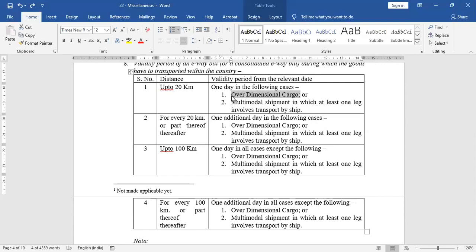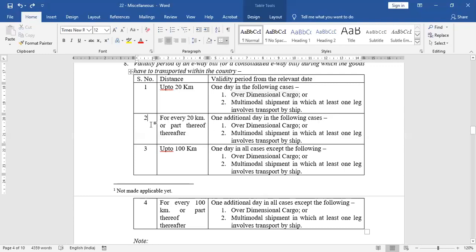Those move at slow speed. When Delhi metro coaches come to Delhi from any port, they move at very slow speed, having 64 or 70 tires in that truck, which are required to move one coach. So these are over dimensional cargo where the speed is very less. So if an e-way bill is generated to move that consignment, then the validity period is 20 kilometers.